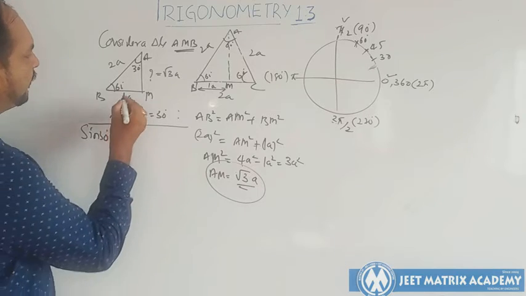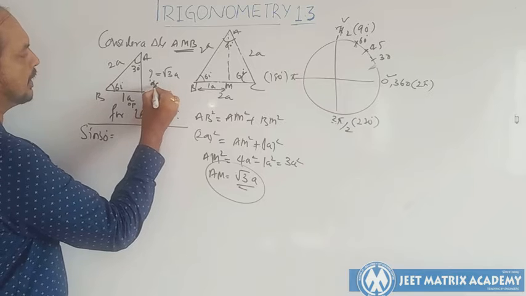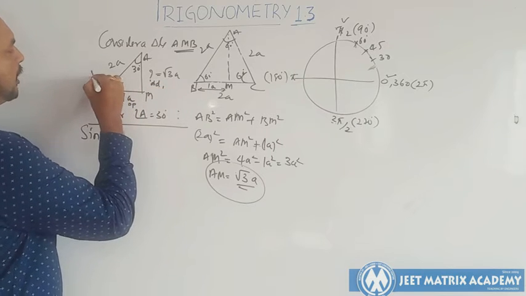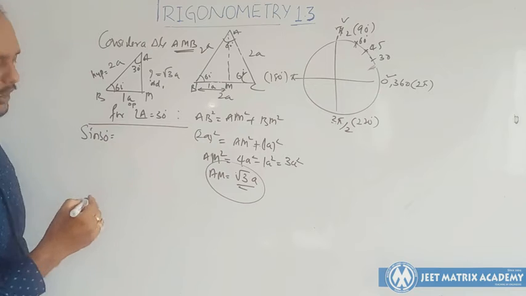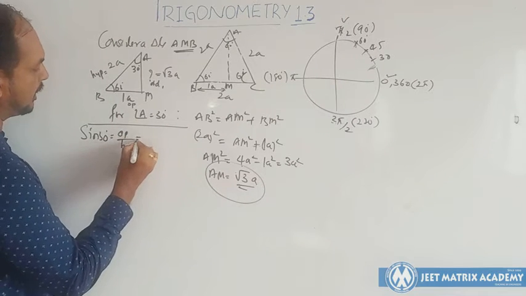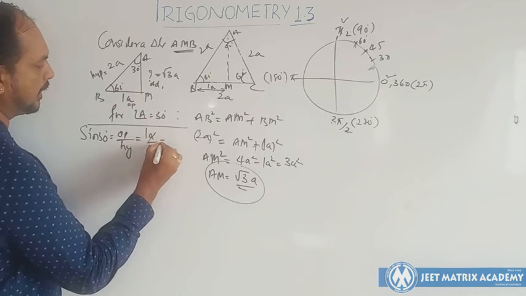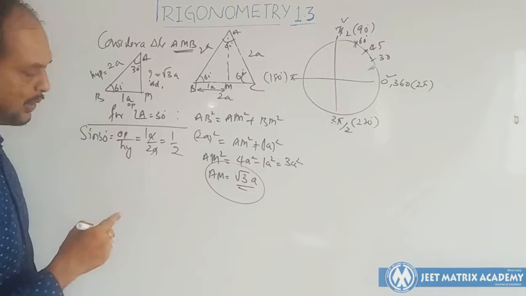What is sine 30? So for 30, this is my opposite side, this is my adjacent side, this is my hypotenuse. Am I right? So sine 30 is opposite side by hypotenuse. Opposite side is 1A, hypotenuse is 2A, A get cancelled, that is 1 by 2.